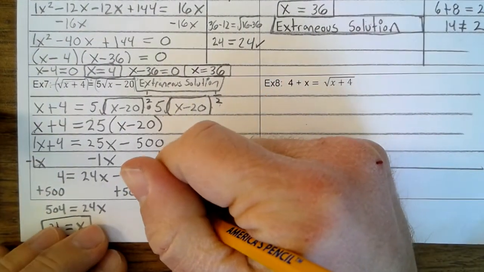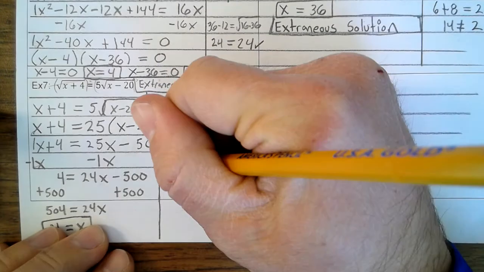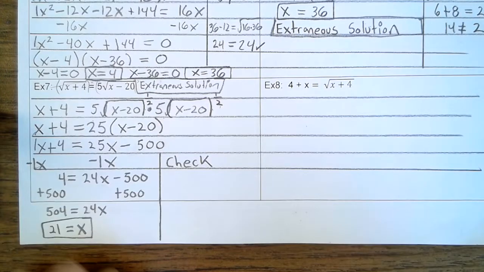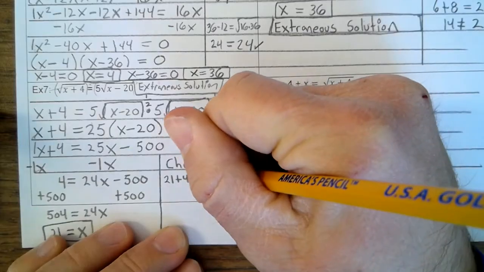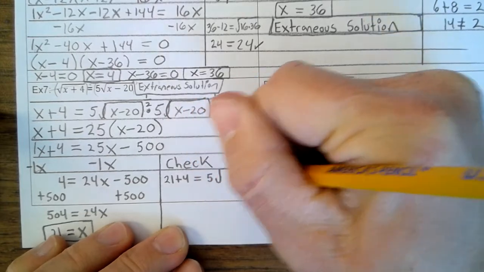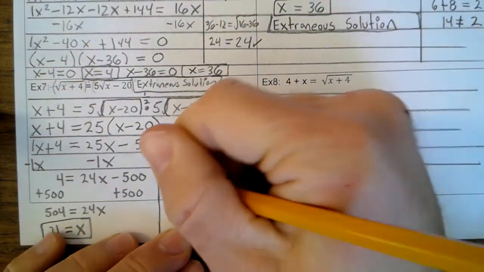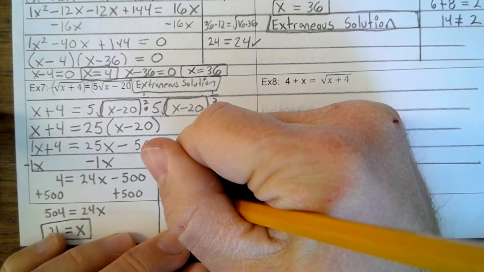So you plug in 21, so that's 21 plus 4 equals 5 times the square root of 24 minus 20. Well, that's 25 equals 5 times, 24 minus 20 is 4, the square root of 4 is 2.